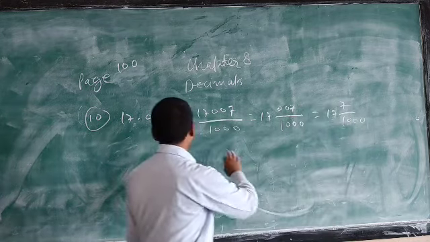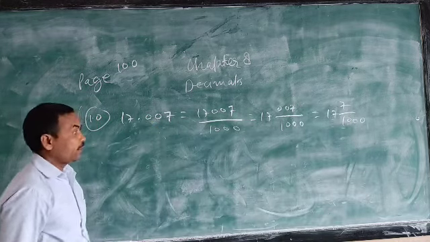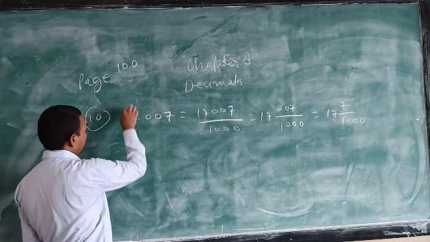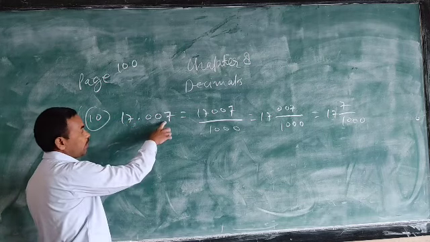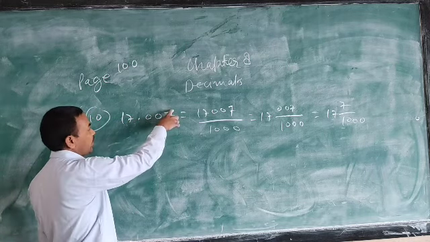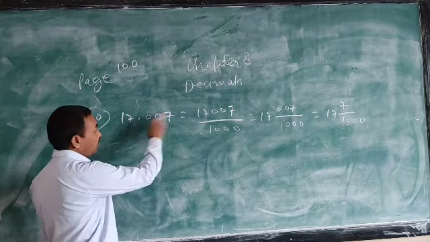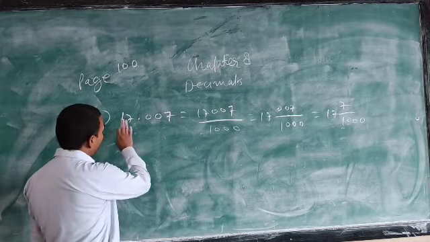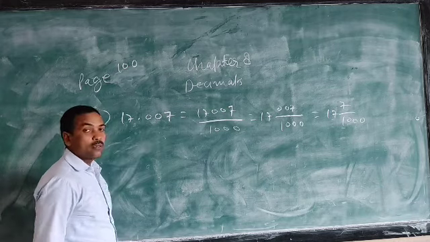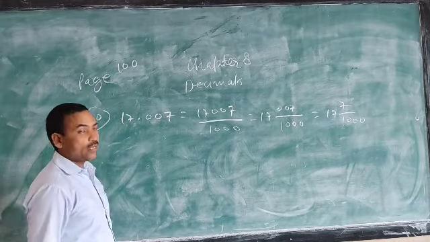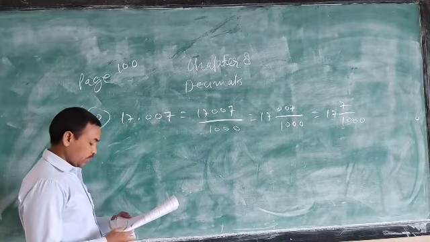And see, from here to there you can write directly. Here the whole number part is 17 and the fraction part will be 7 by 1000, because 7 is in the thousandths place, or after the decimal, the third decimal place. So after this, the last mixed fraction you can write directly.